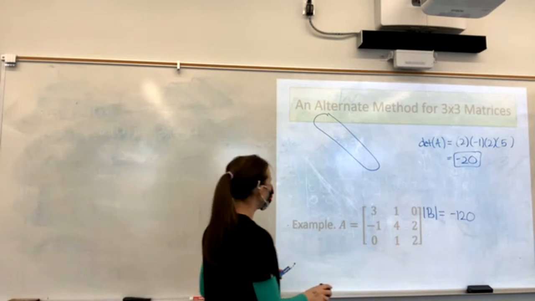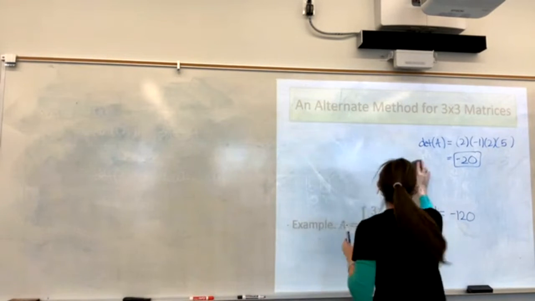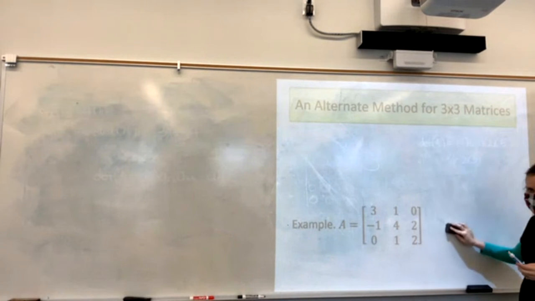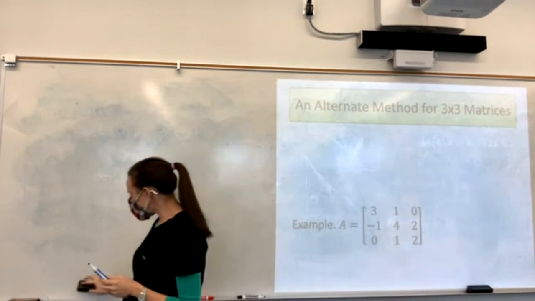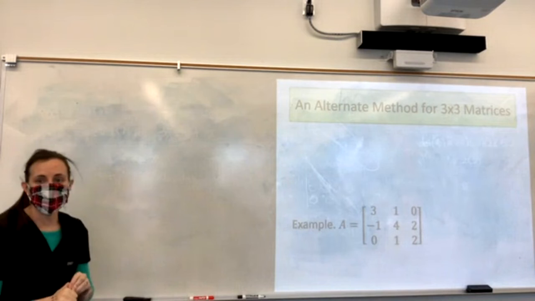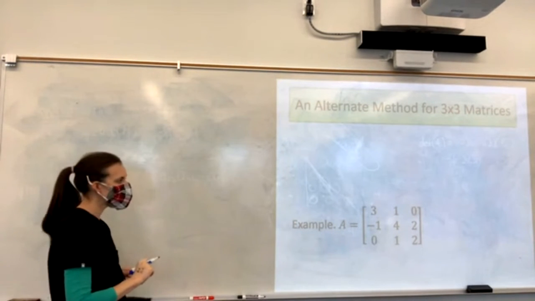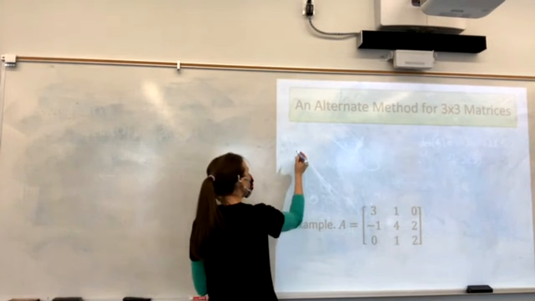Okay, now, before we leave this very computational section, I will tell you one other thing. There is an alternate method for 3 by 3 matrices, and it goes like this.